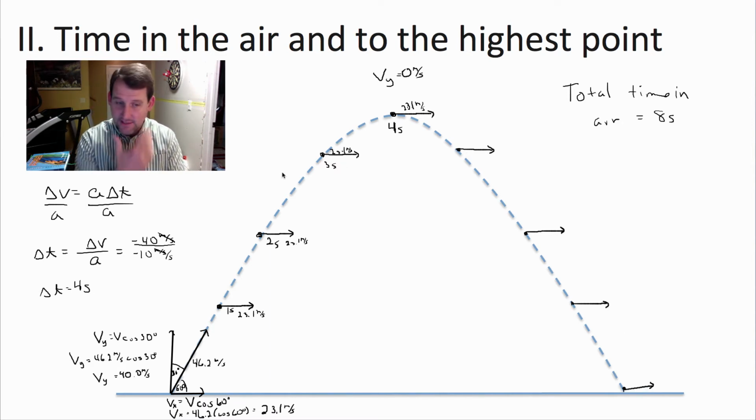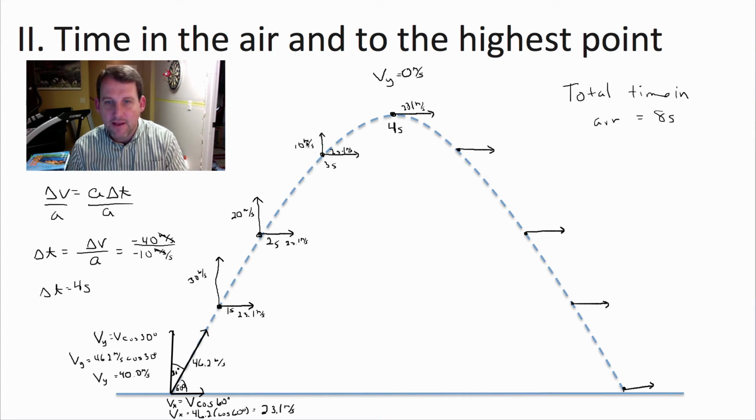The difference is that the vertical velocity goes from being 40 meters per second to only being 30 meters per second, because gravity means it's going to lose 10 meters per second every second. And now it's going to be only 20 meters per second, and now only 10 meters per second. And here it's 0 meters per second.